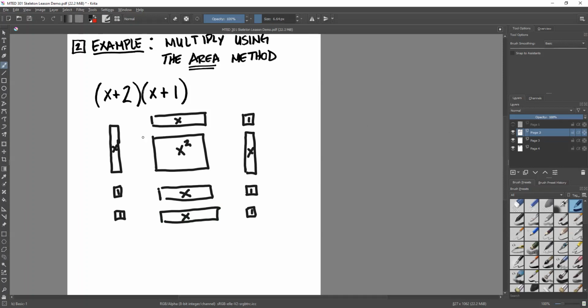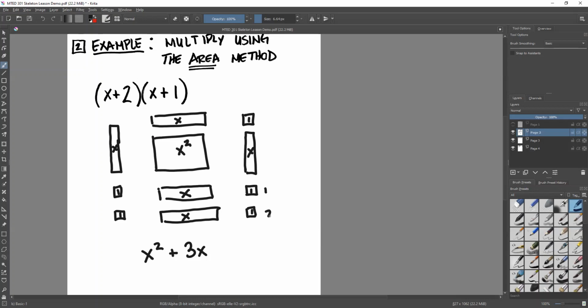So now let's count up all that we have. Well, we have this x squared. How many x tiles do we have? We have 1, 2, 3. So that means we have plus 3x. And finally, how many ones do we have?